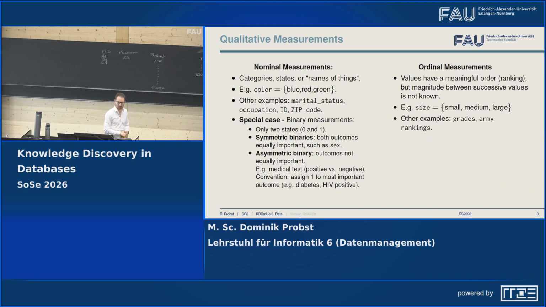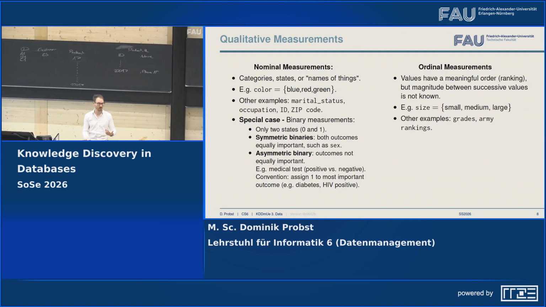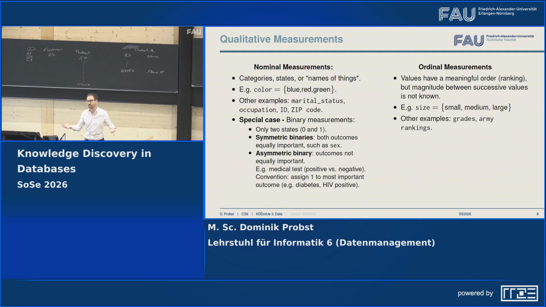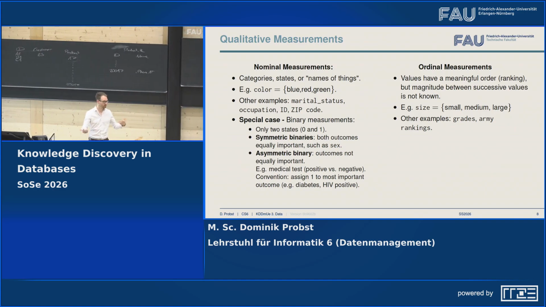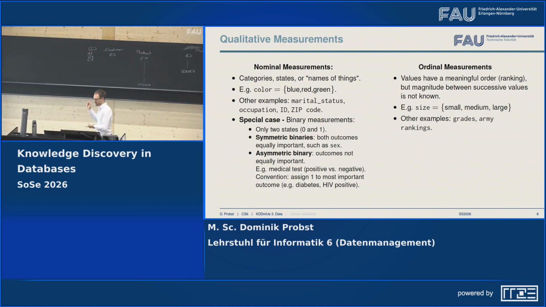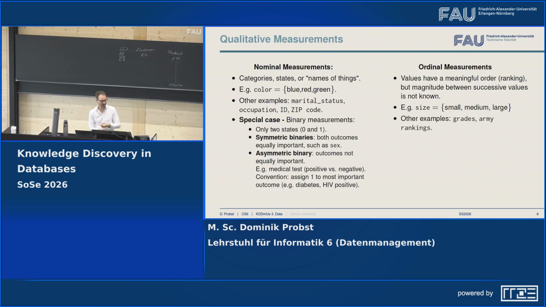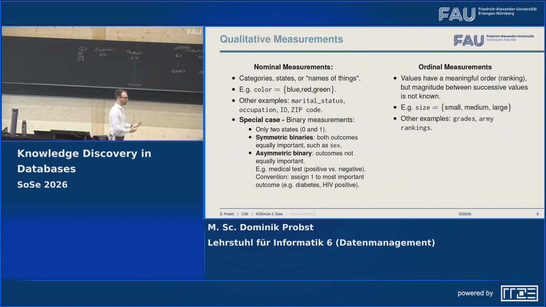A good example would be colors. Blue, red, green, they do not have any specific meaningful order to them. Or names. Again, Tom, Thomas, there's no meaningful order to them. We can also talk about marital status, occupation, study program. Those are things that are nominal, because they do not have any specific order to them.